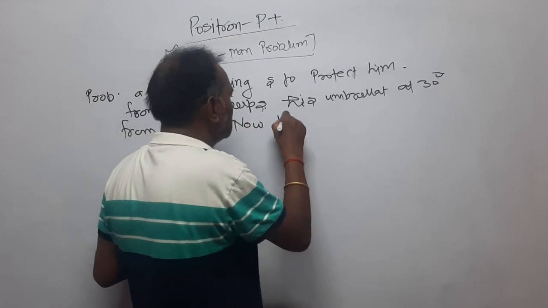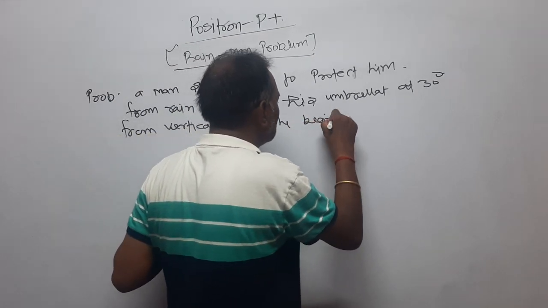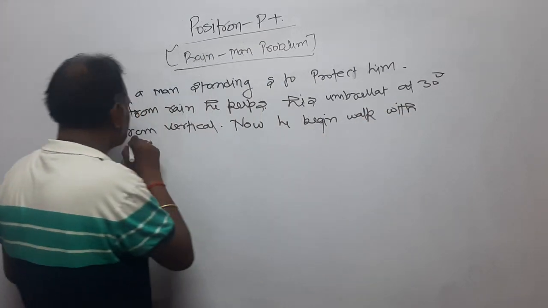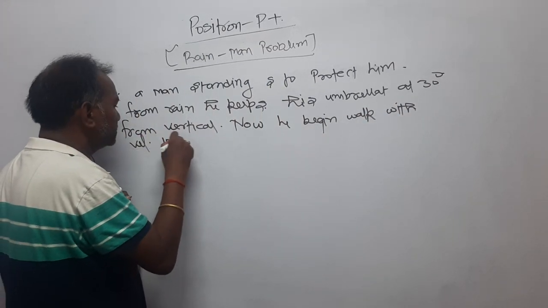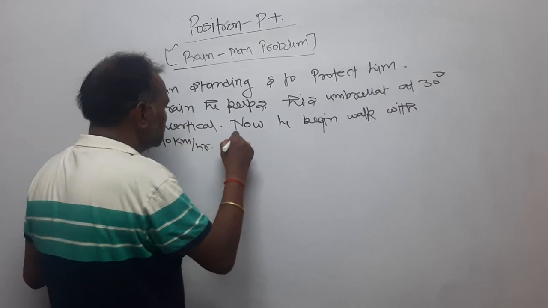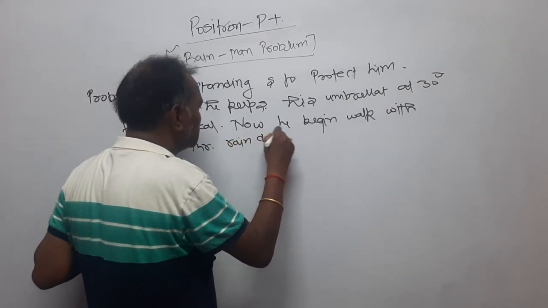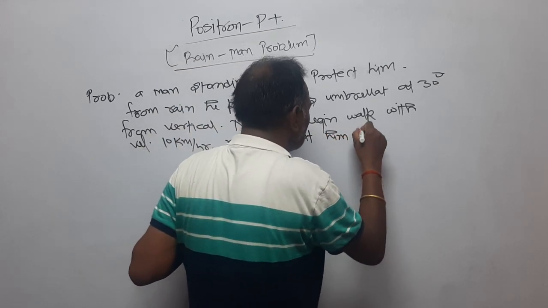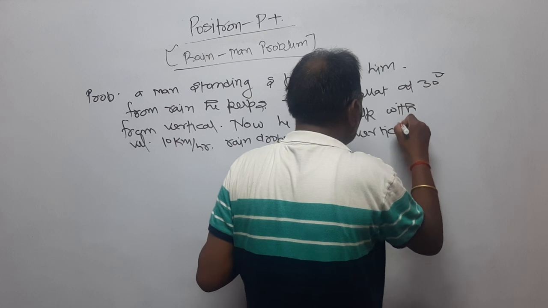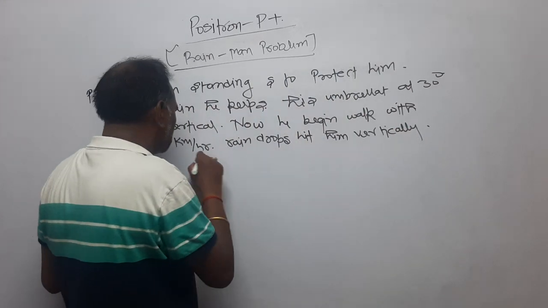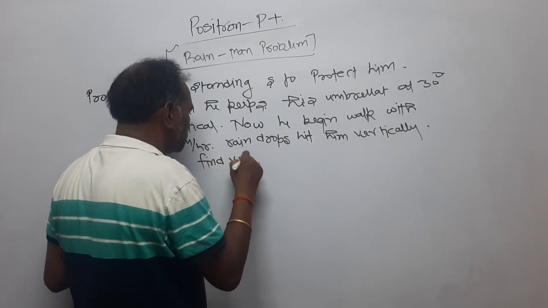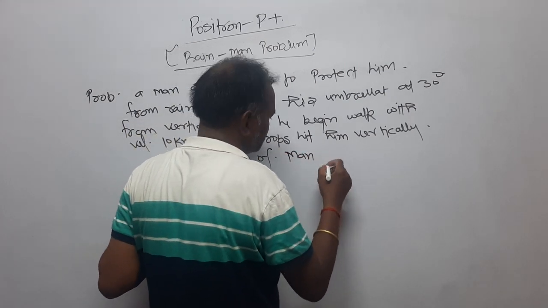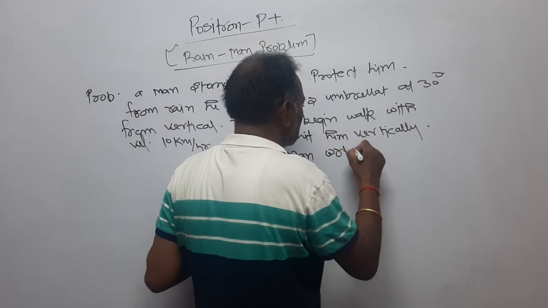Now he begins to walk with a velocity of 10 km per hour, and the raindrops hit him vertically. Find the velocity of rain with respect to the man and with respect to the road.